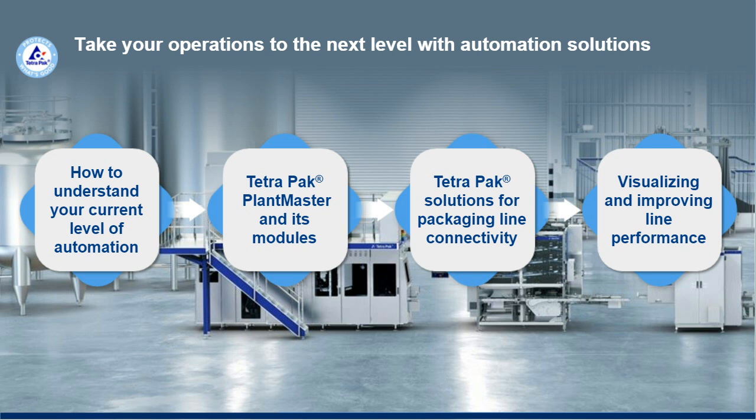And Nikolai will be covering these 2 aspects. And then Sohair will be covering Tetra Pak solutions for packaging line and the connectivity. And then he will also touch upon visualizing and improving the line performance with performance management services. So we will be covering these four topics today.